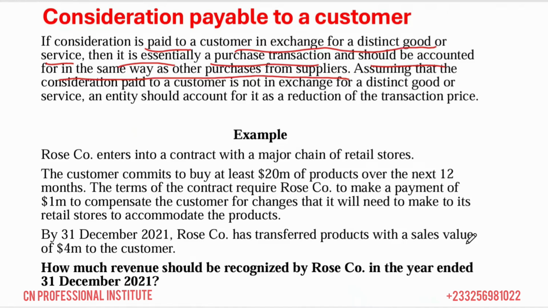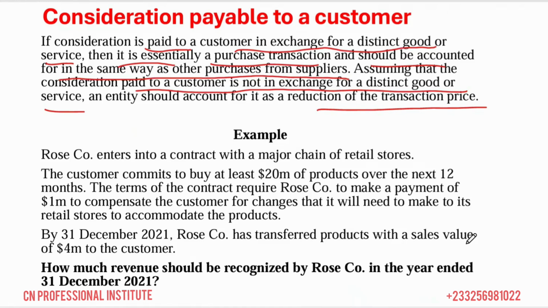If you pay a consideration to a customer and the customer will give you goods and services back, record it as what? Purchases, right? Assuming that the consideration paid to the customer is not in exchange for goods or services, the entity should account for it as a reduction in the transaction price. Okay, so this is what the standard is saying.